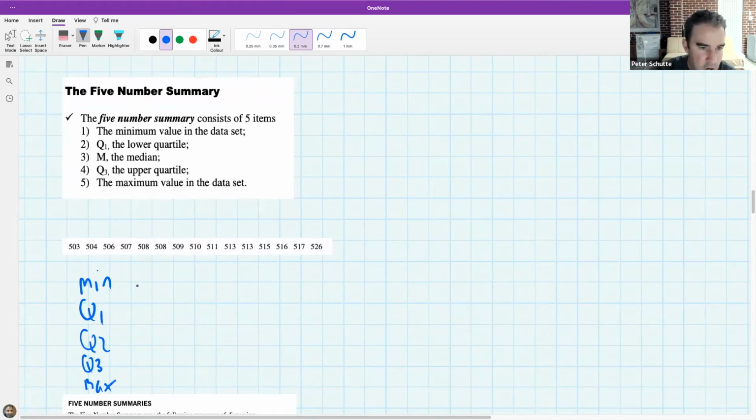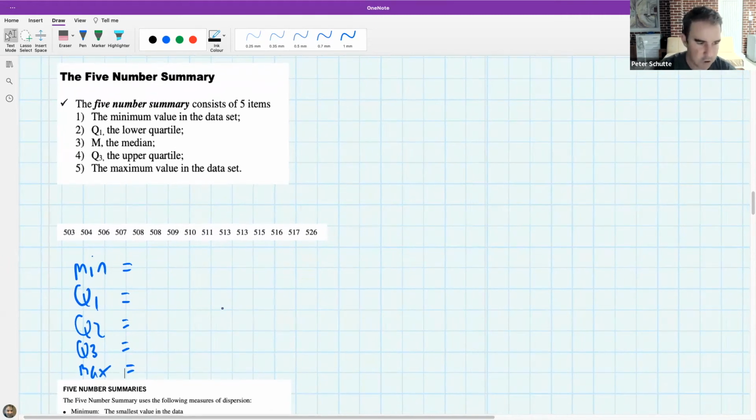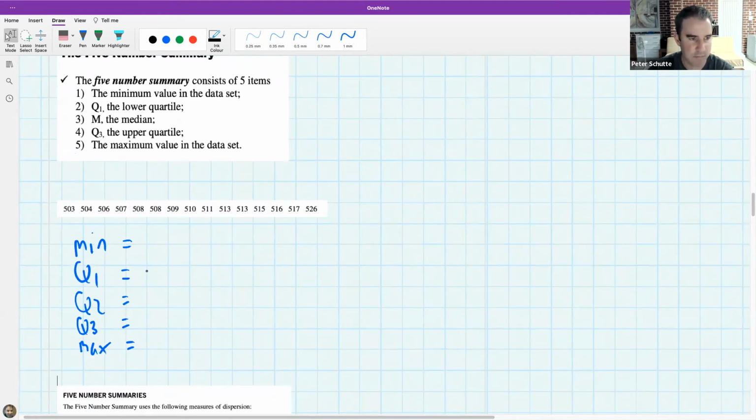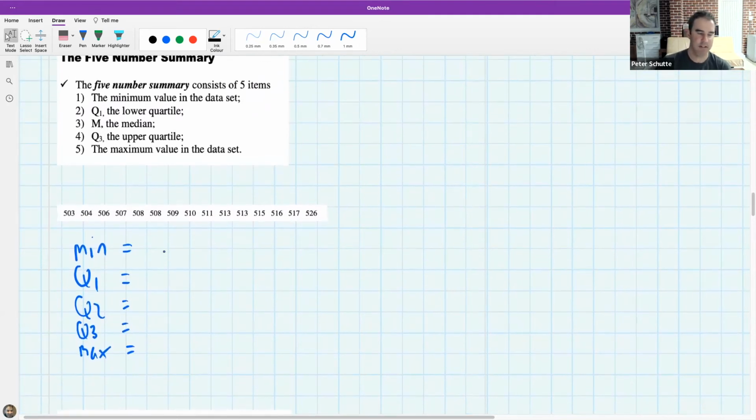So over to you guys. For this particular data set, I want you to find me those 5 values. Off you go. And if you have a question, I will gladly answer it. But until that point, I'm letting you fly solo, because we have covered this basic idea before. But if there are questions, I would love to talk to you.